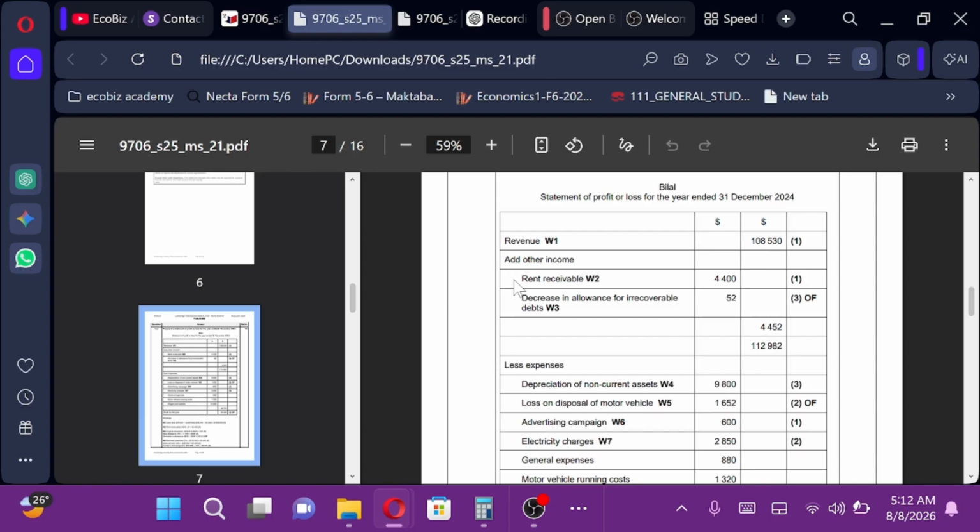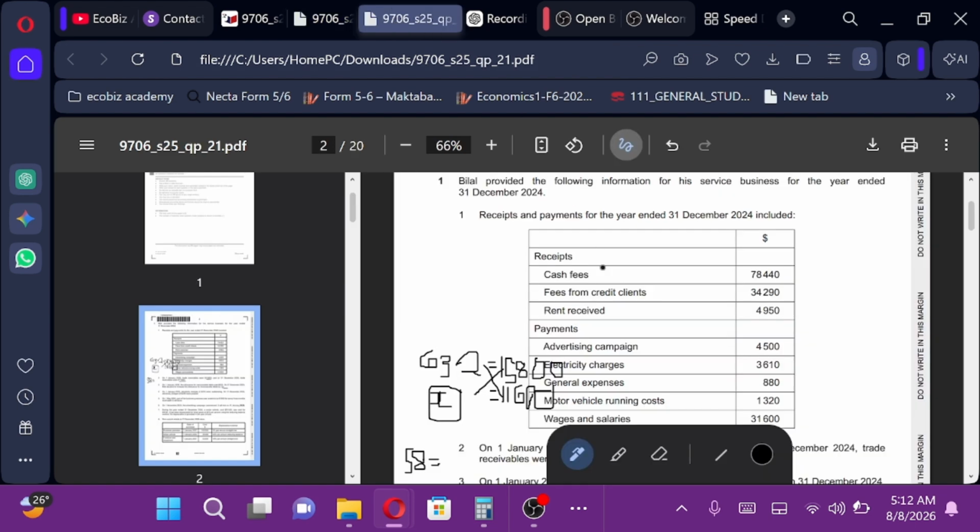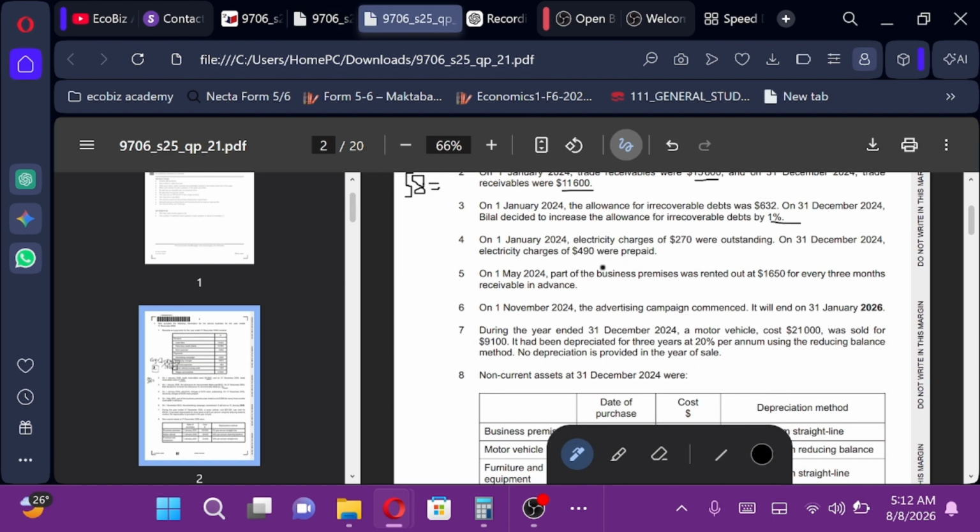So this is income. So we have rent receivable, which is income. Then we decrease the allowance of irrecoverable debt. So in total, we take the revenue, which we calculated in the first part. Revenue.